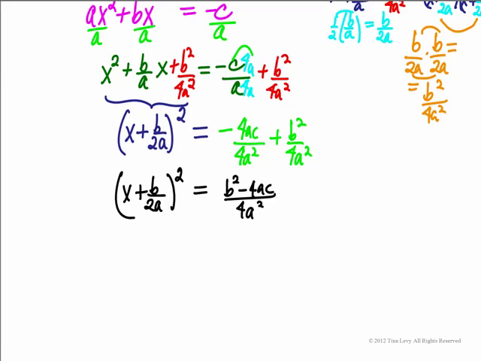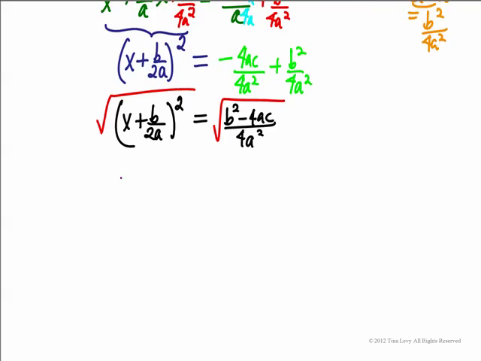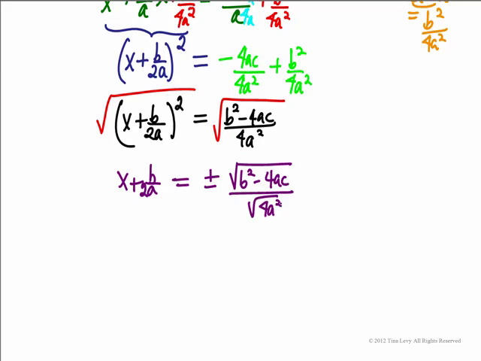We're now ready to use the square root method. With the square root method, we take the square root of both sides. We write that the square root squared, x plus b over 2a, equals plus or minus, I put these square roots separately, the square root of the top, b squared minus 4ac, over the square root of 4a squared.